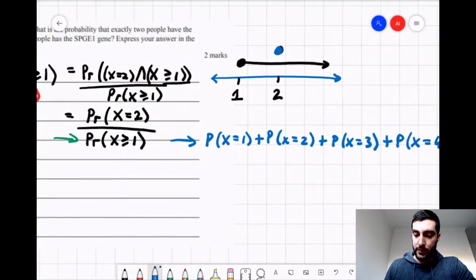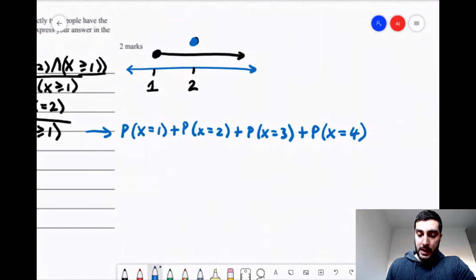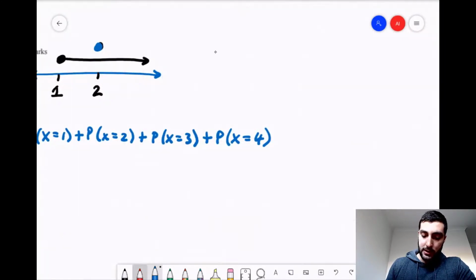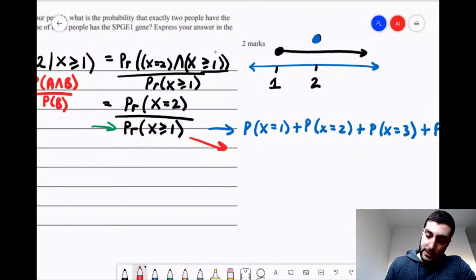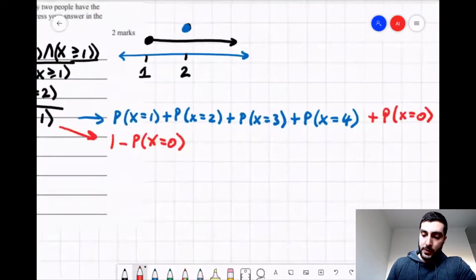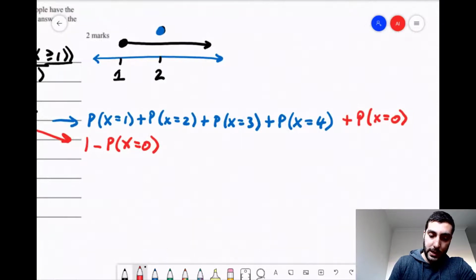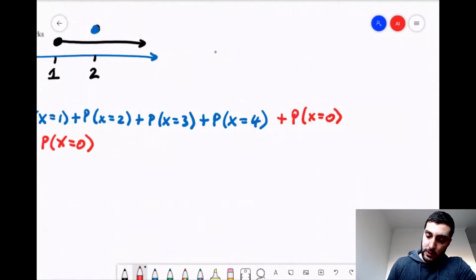So due to the law of total probability, the only event that's not being included here is the probability that x is equal to 0. So instead, let's just say that the probability x is greater than or equal to 1 is 1 minus the probability x is equal to 0. If I put brackets around here, we know that's going to add up to 1, right?